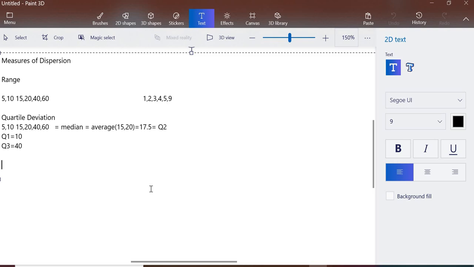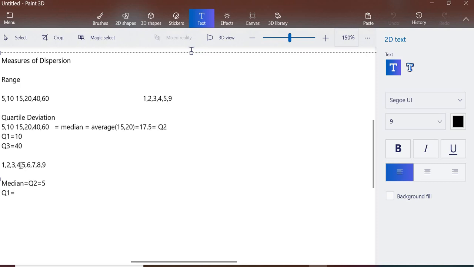Let's say we have an odd number of data points: 1, 2, 3, 4, 5, 6, 7, 8, 9. Let's say this is the data set. So here the median, Q2, is 5. As simple as that. Now Q1 will be everything before the median.